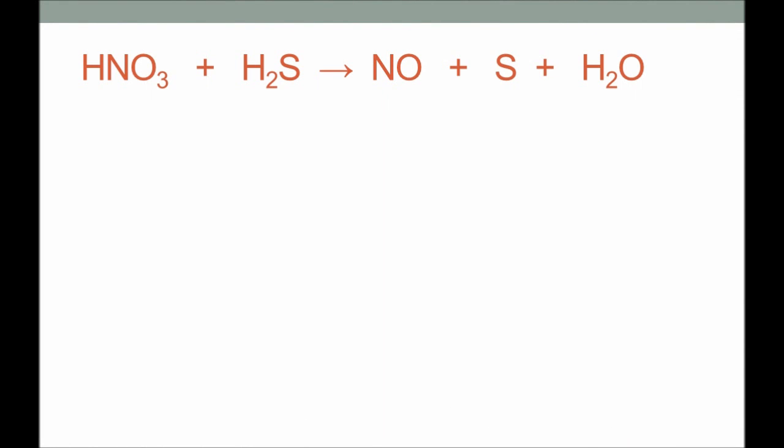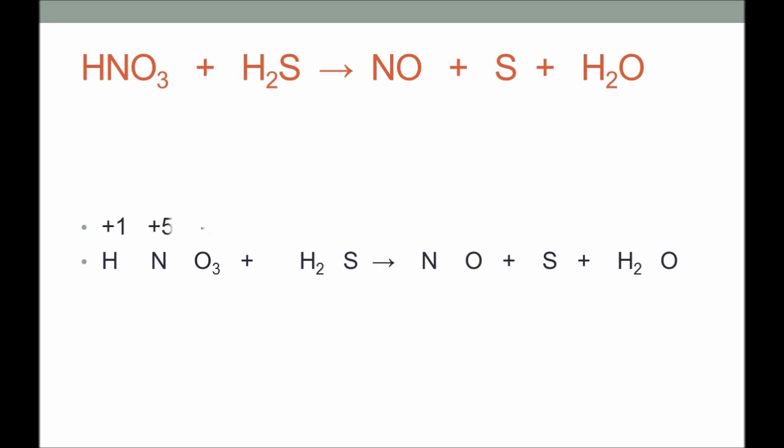The example that we have here involves the reaction between nitric acid and hydrogen sulfide to produce nitric oxide, sulfur, and water. The first thing to do would be to determine the oxidation numbers. So I've determined these numbers. For hydrogen, it's +1.